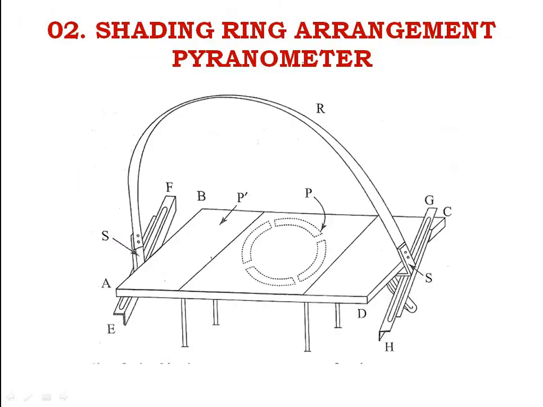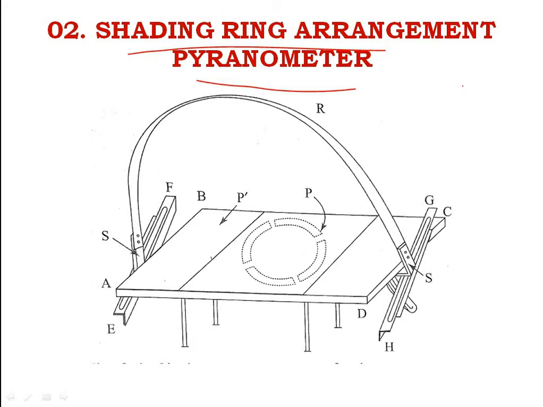Next we will be discussing the shading ring arrangement of the pyranometer. So what is the shading ring pyranometer? The pyranometer can also be used for the measurement of diffuse radiation. This is done by mounting it at the center of a semicircular shading ring.